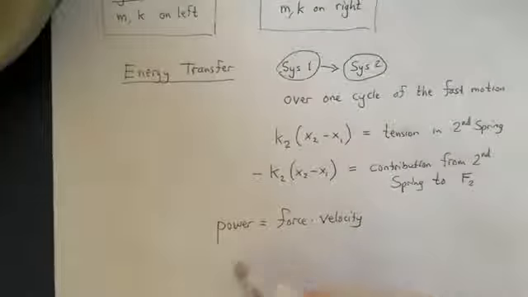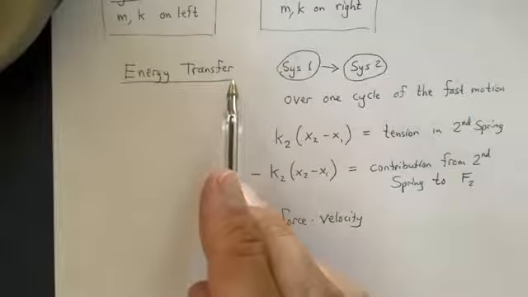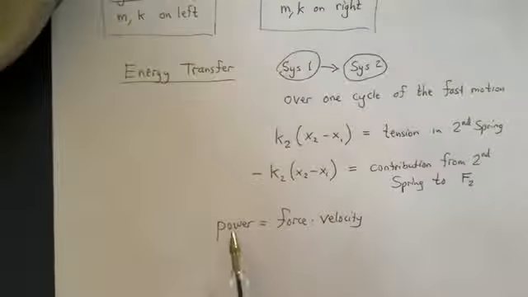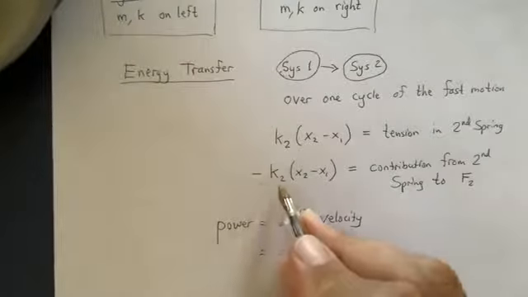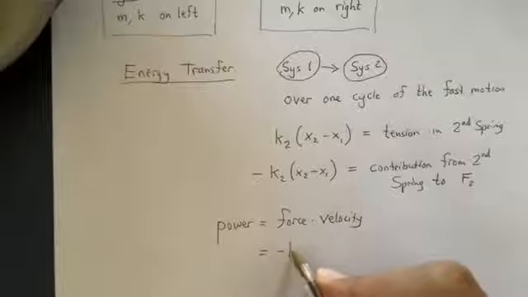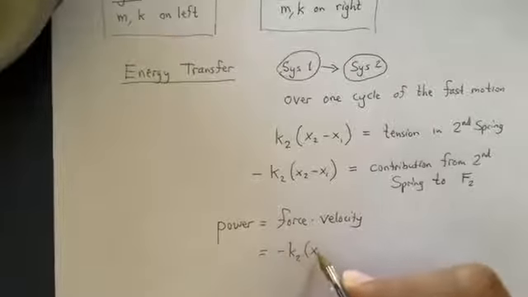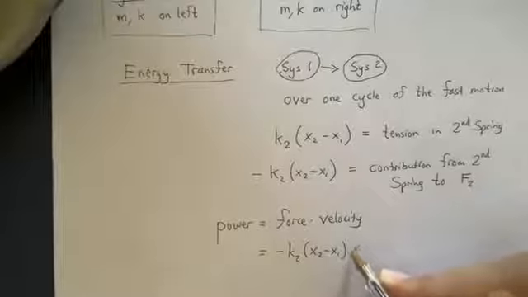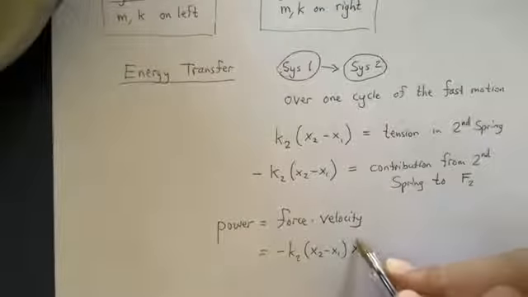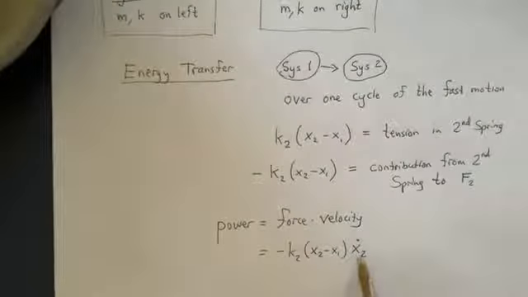We're talking about the power, the rate at which energy is transferred to system number 2. The rate of energy transfer, that's the power. Okay, so power equals this thing here, minus K2 times X2 minus X1 times X2 dot. Right, X2 dot is the velocity.